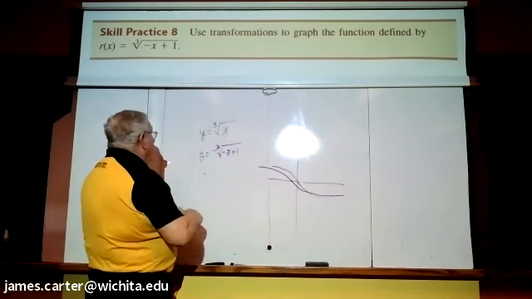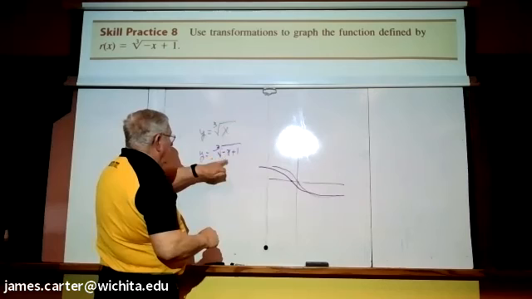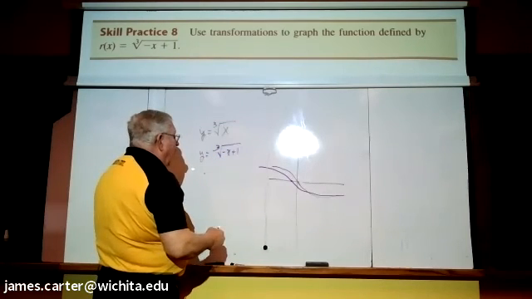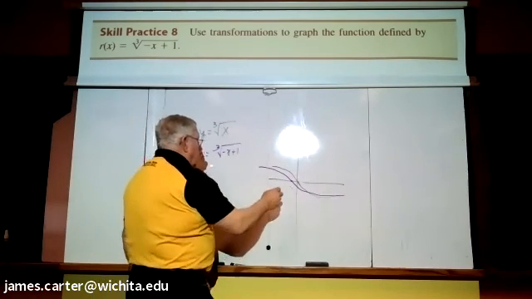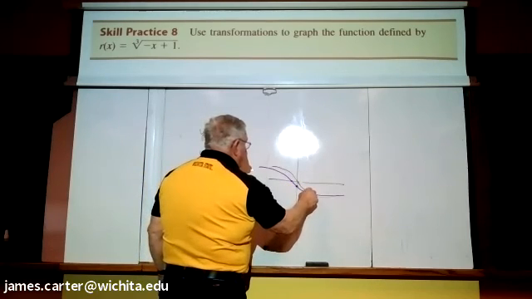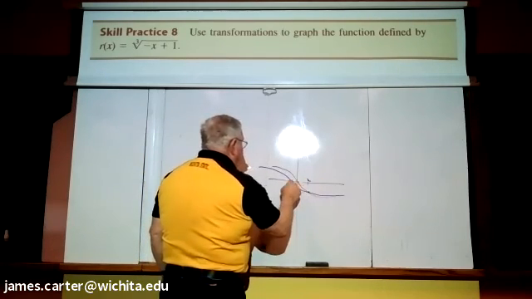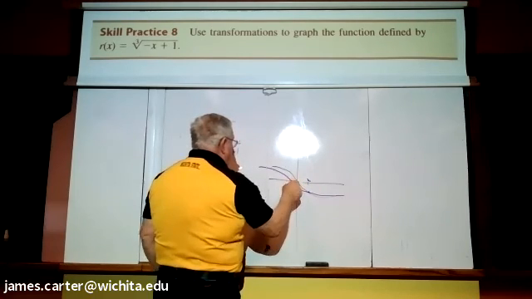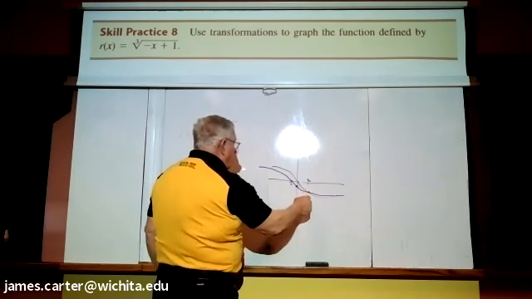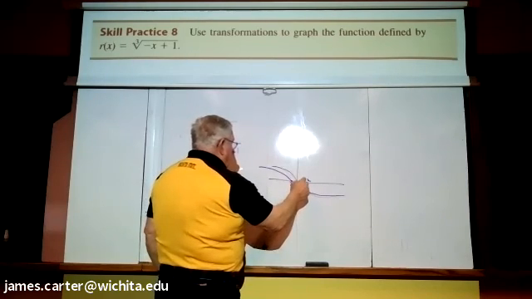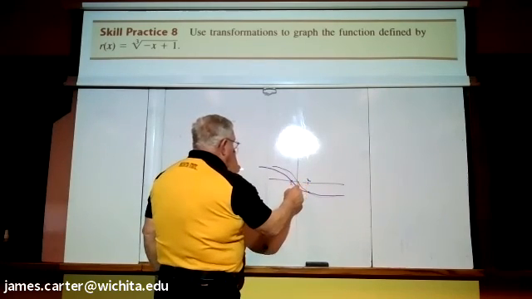Now, this negative x is going to flip it across the y-axis. So in other words, I've got points here and I've got points here. Let's call this 2 and let's call this 2. I don't know that they are, but for the sake of making it flip, it would be easier if I could.